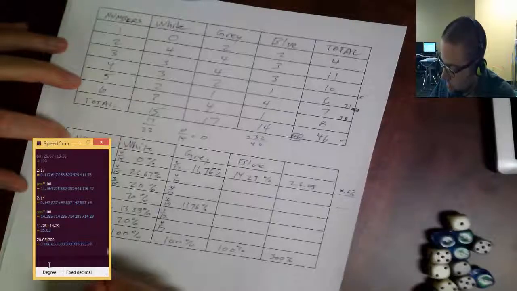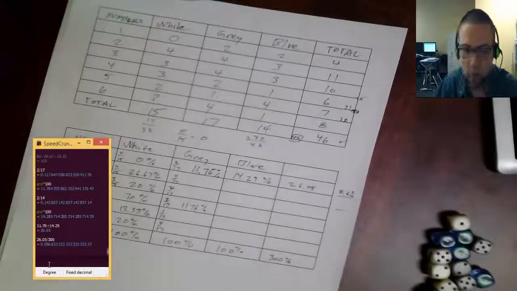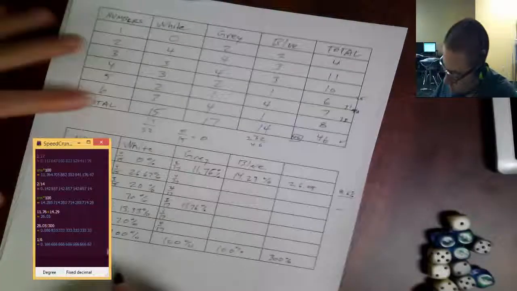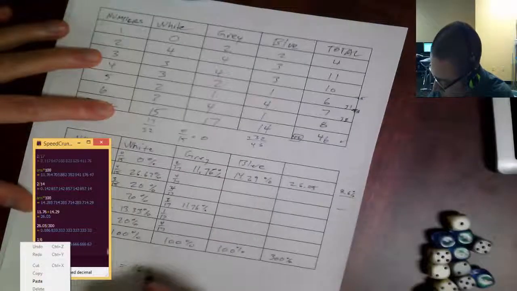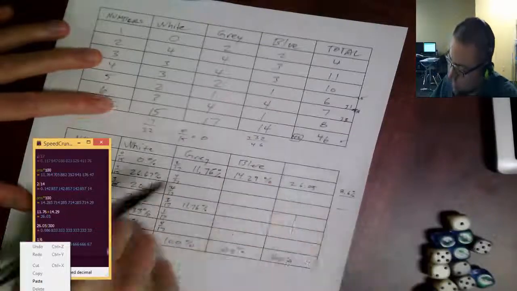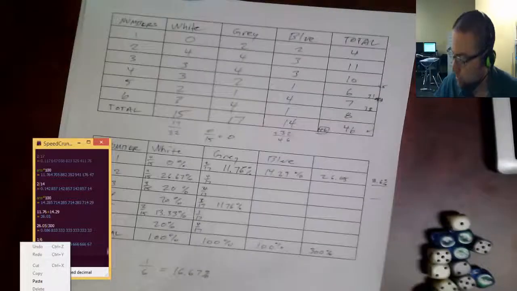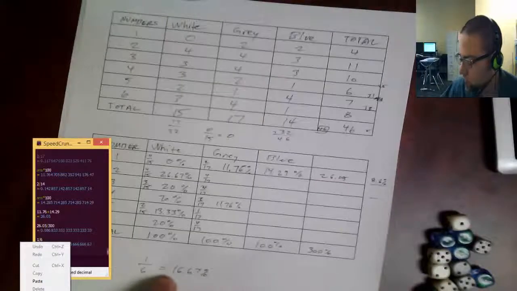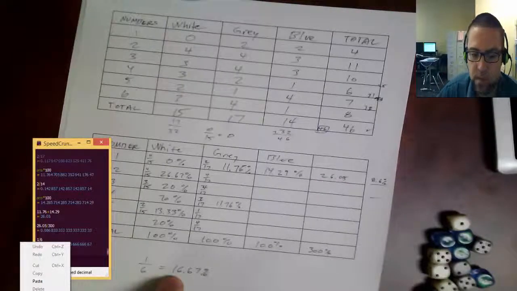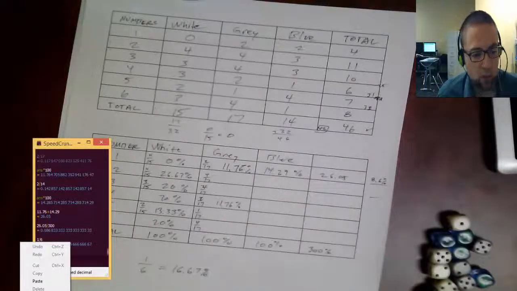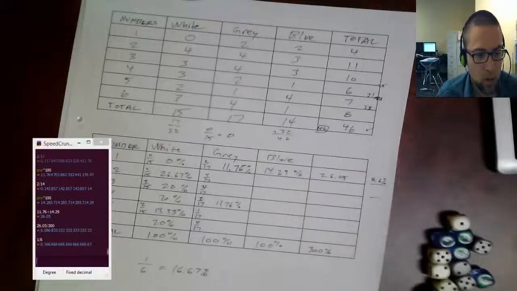Because 1 out of 6 is your normal probability, and 1 out of 6 is 16.67%. So ones came up a lot less than the predictable average. We got less ones than we expected from our experiment. So that's how you fill it out.